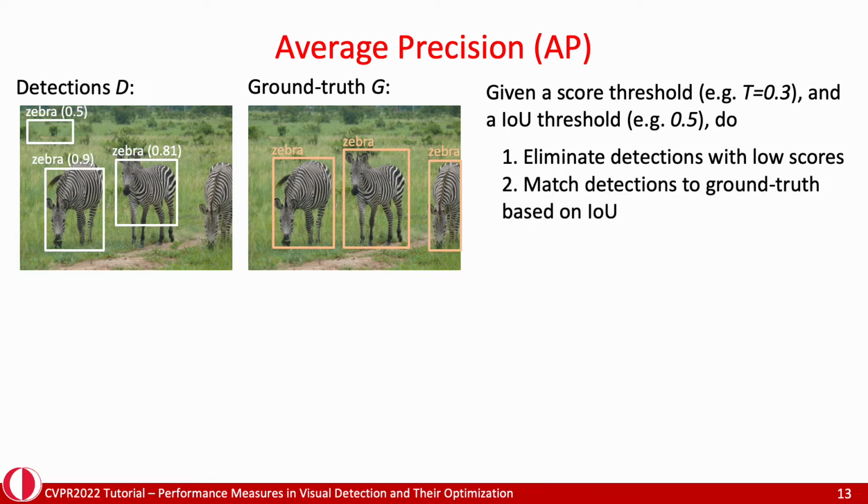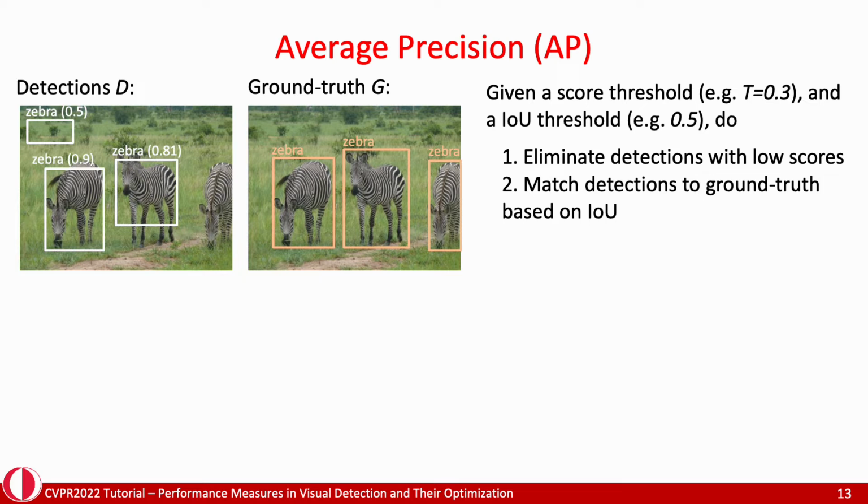The next step is to match the remaining detections with ground truth boxes based on localization quality, that is, the intersection over union. We check all possible pairs of detections and ground truths, and if a detection matches with a particular ground truth box with more than the given intersection over union threshold, which is 0.5 in this case, then we declare a match.